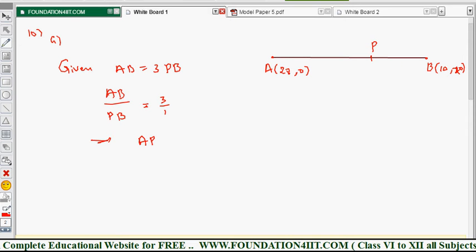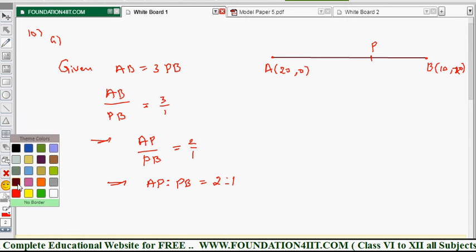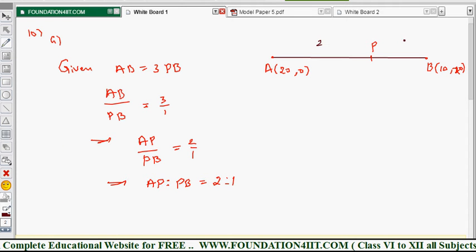So AP must be 2. Then AP by PB is equals to 2 by 1. Therefore AP is to PB is 2 is to 1 is the ratio. Now this is 2 and this is 1.